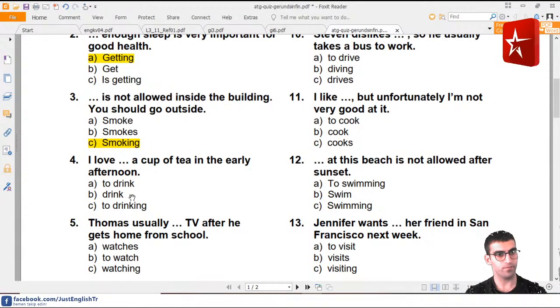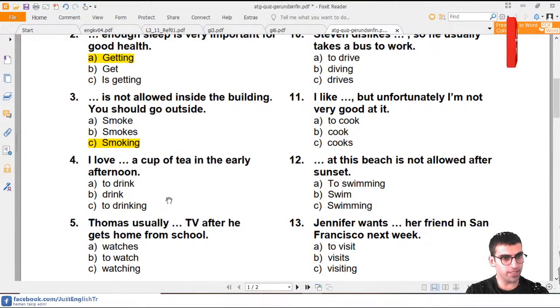Number 4. I love to drink or drinking a cup of tea in the early afternoon. Number 4: to drink or drinking. Which one is correct? Faruk and Recep, they are really active today.